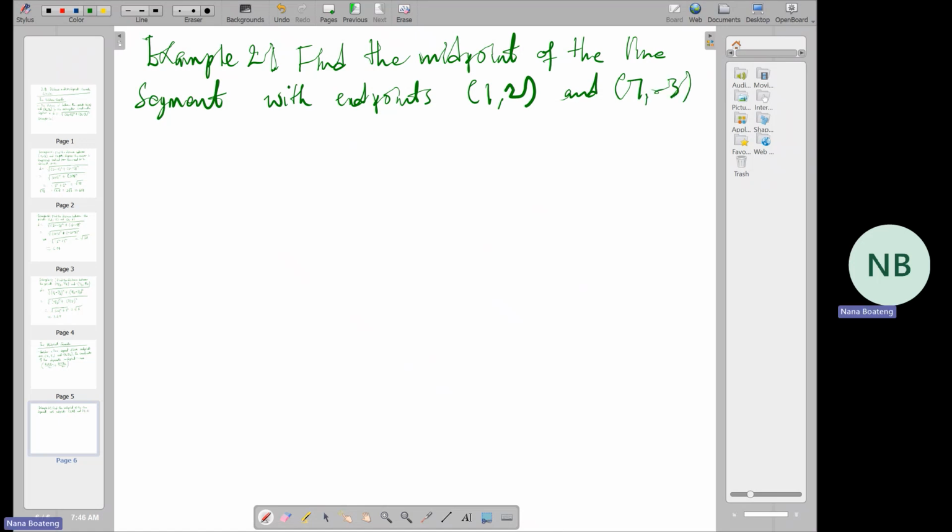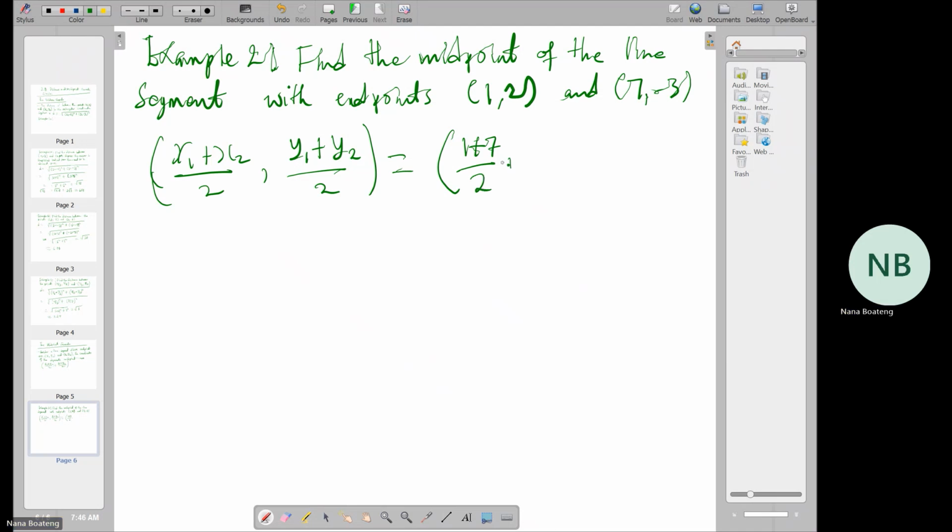The midpoint formula is ((x1 plus x2) divided by 2, (y1 plus y2) divided by 2). So this equals (1 plus 7) divided by 2, over (2 minus 3) divided by 2.